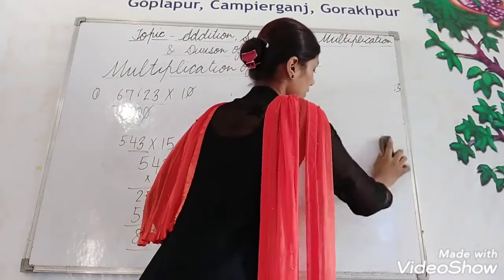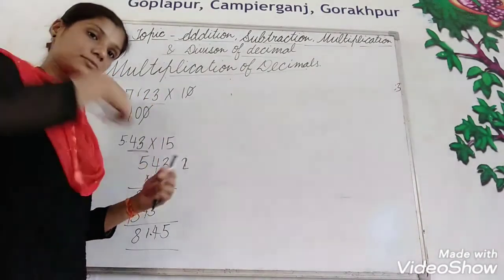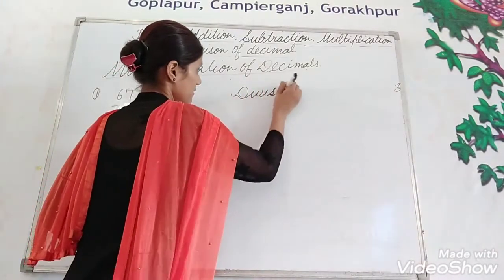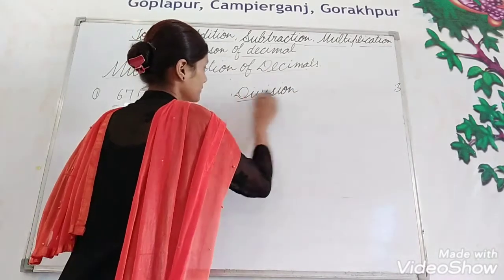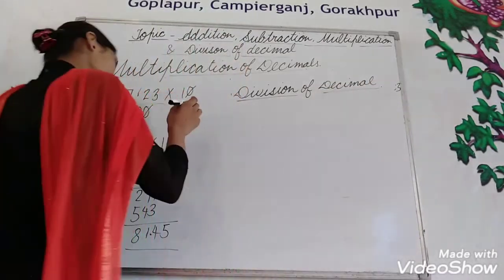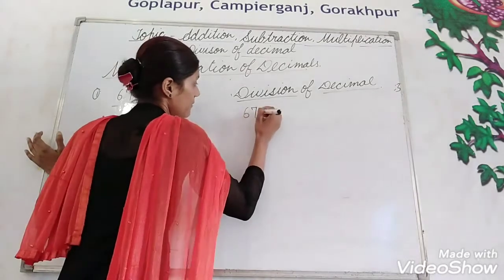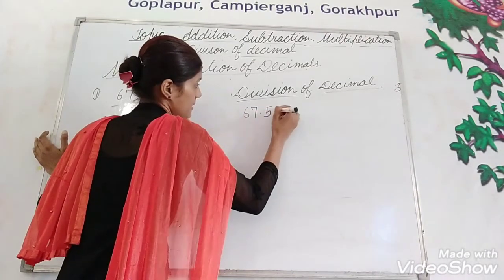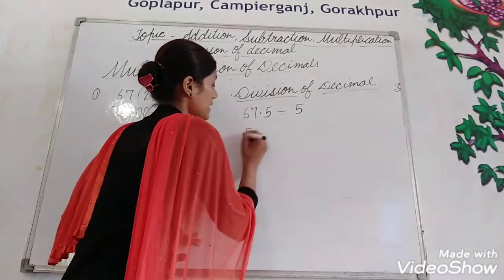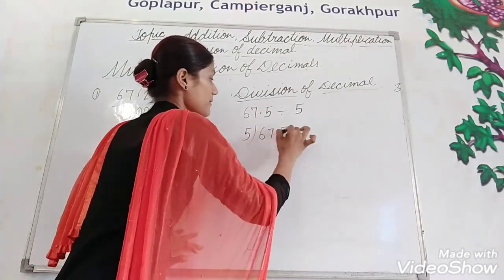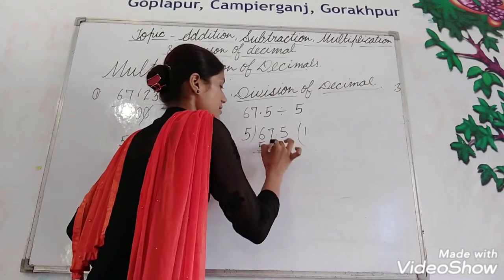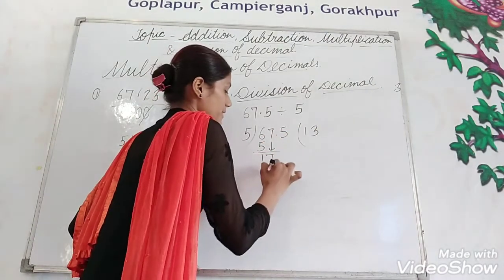And the last topic is how to find division of decimals. When the question is given as 65.5 divided by 5, we solve like this: 5 into 6, 5 ones are 5, and remainder 1. 5 threes are 15.